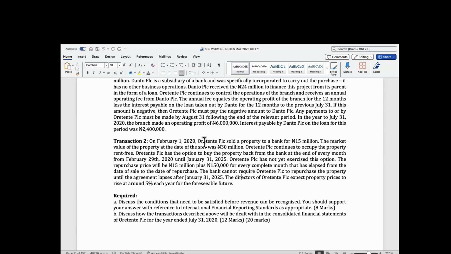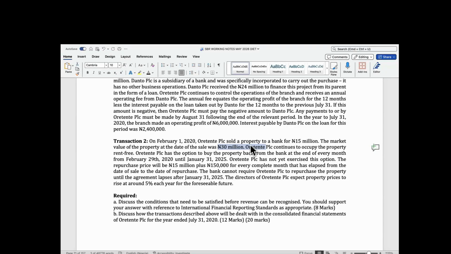So now they gave us the expected market value here. From the expected market value, will the seller repurchase? Is there any significant incentive here? The market value at the date of sale is 30 million.